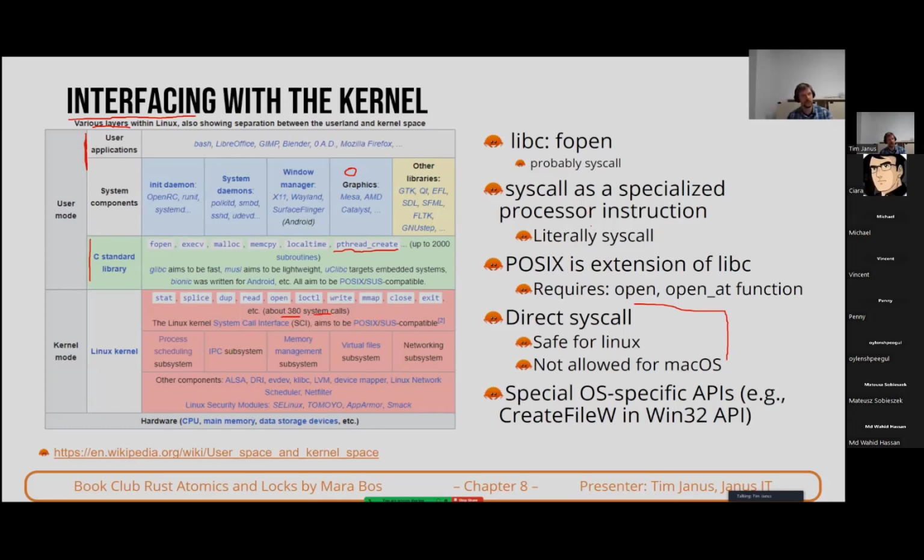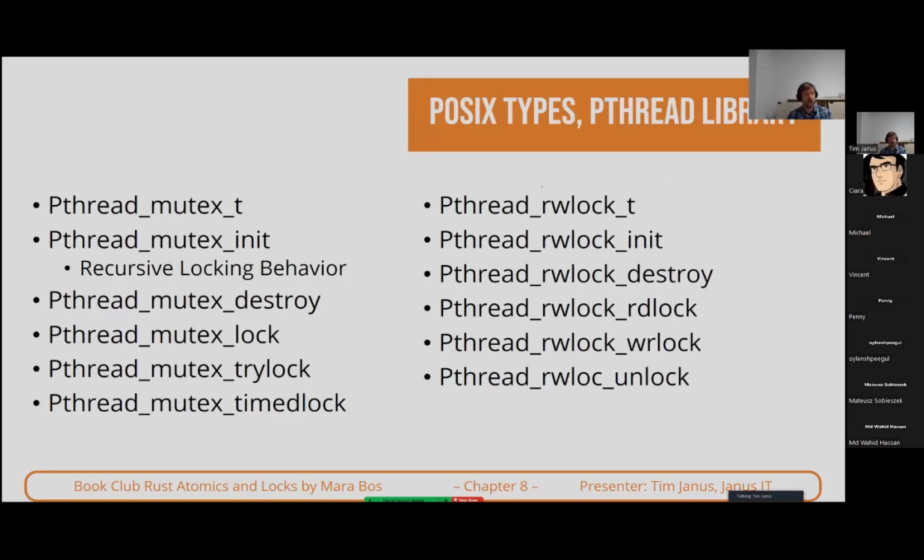Okay. So the POSIX library was the first more technical paragraph, closer to the implementation, where we have a lot of functions. I just listed them here to get an overview of how much it is.